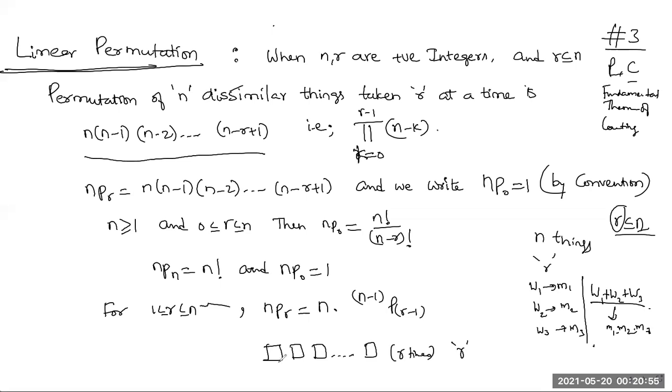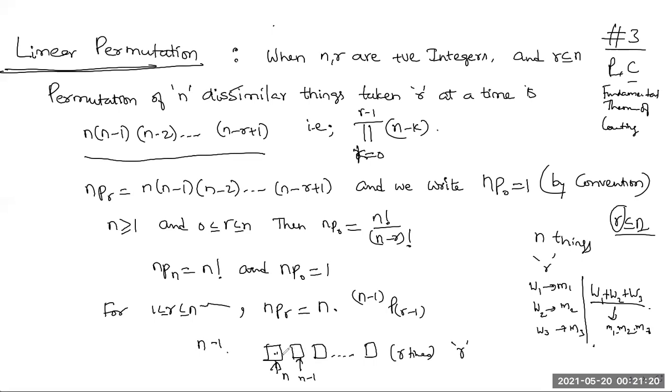So out of the n elements, there are n options for us to fill the first box. Okay, and after filling the first box, out of the n elements, one element will already be filled in this one, so n minus 1 elements will be remaining. So in order to fill the second box, we have n minus 1 options.